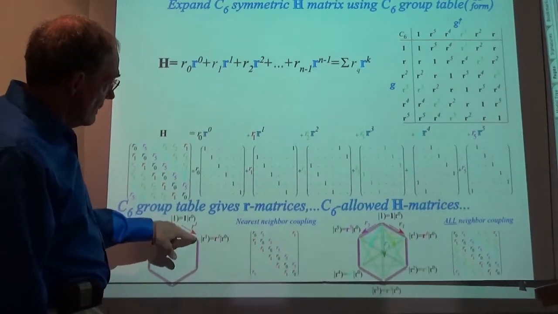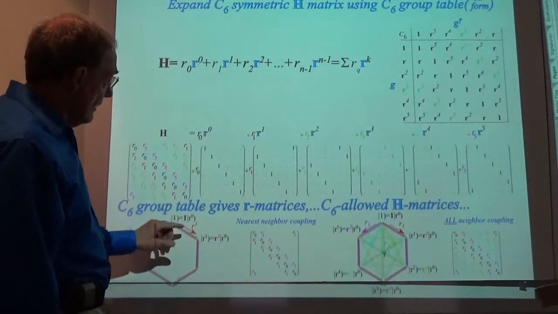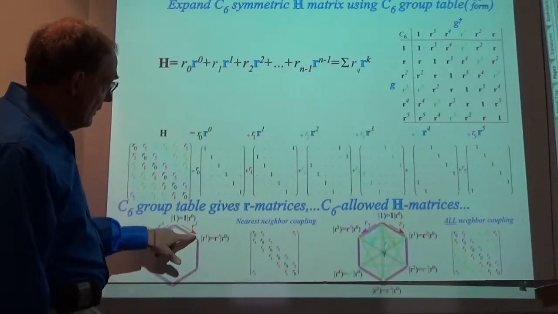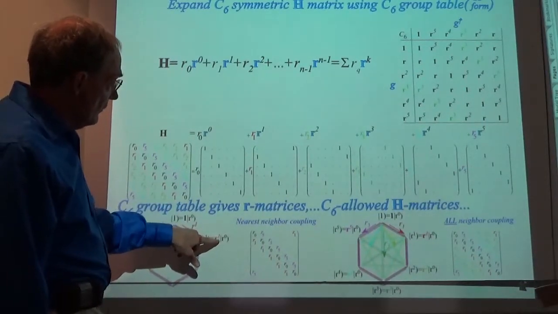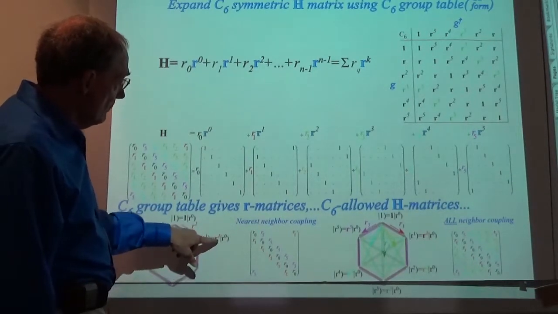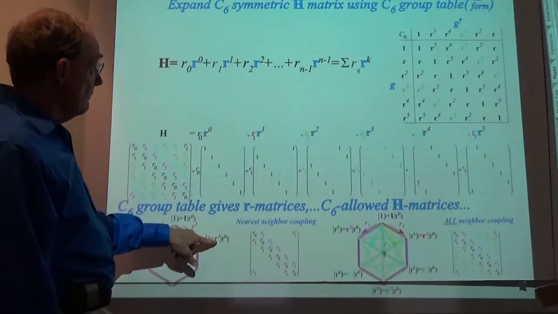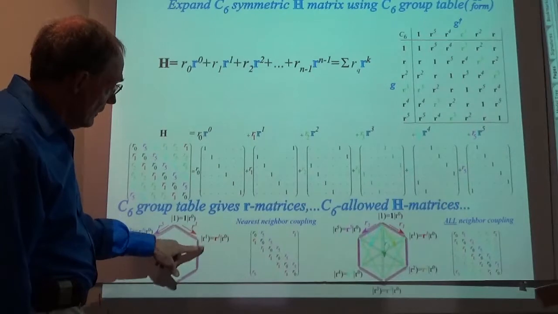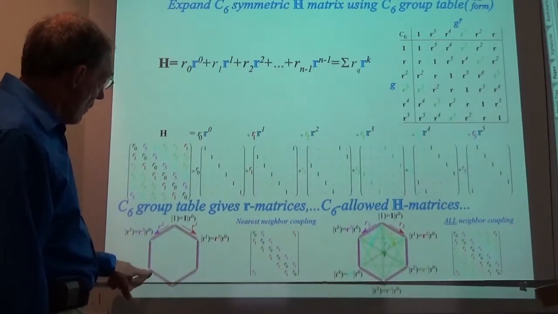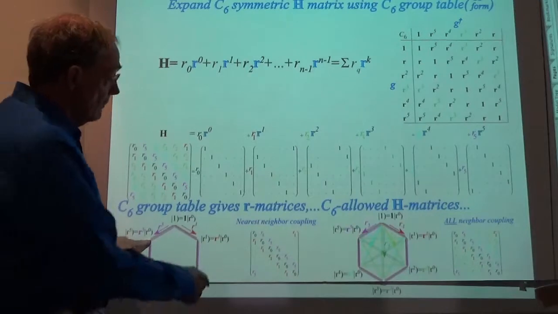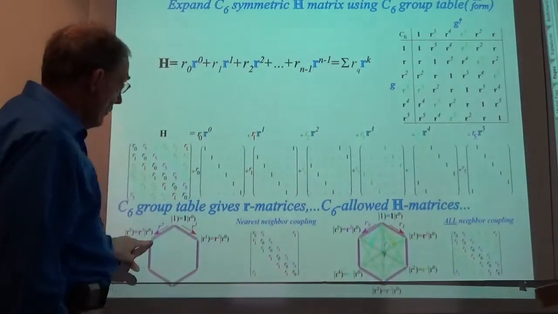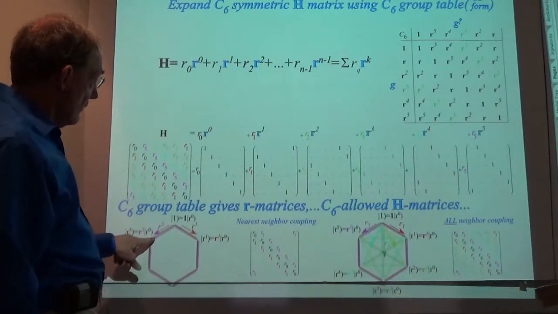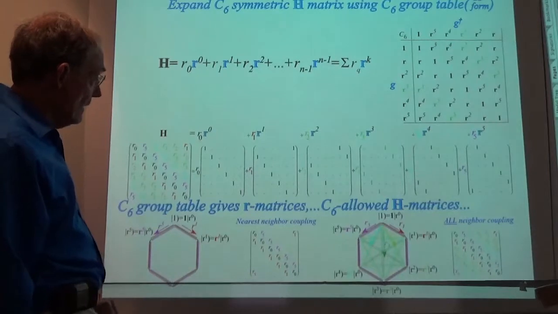And then moving at 60 degrees, and we're taking positive clockwise, like our phasors, that is this state right here. So this would be the state that we would designate by r to the first power. So we're going to be counting 1, 2, 3, 4, 5. And right now we're only giving matrix elements for the connection of 0 to 1 and minus 1, which is 5 modulo 6.